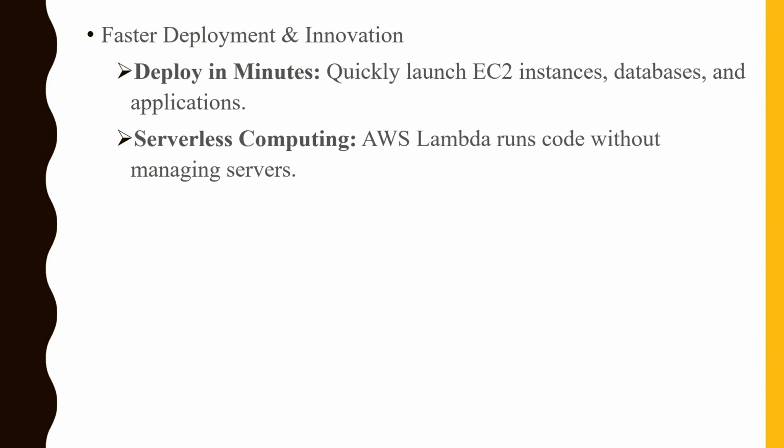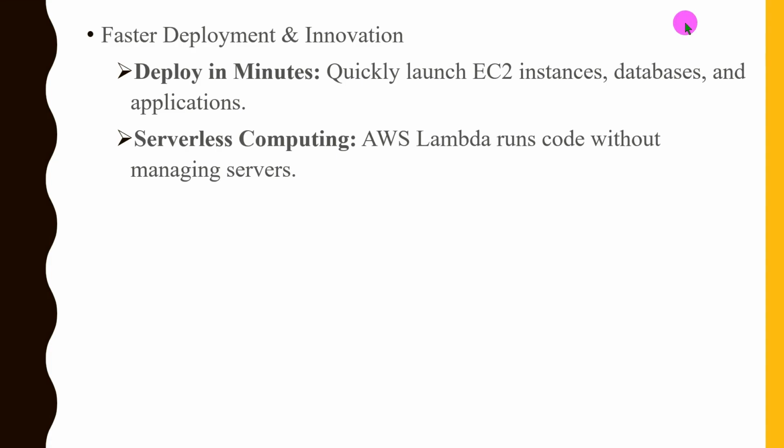Serverless computing means, there are two types of computing available: server computing and serverless computing. Server computing means you will create the infrastructure, AWS will maintain the hardware, and you will have to keep the security patches. Whenever your application has any vulnerabilities, you have to deploy the patching on your server and you have to maintain everything. That is server computing. Coming to serverless computing, you don't have to maintain any server.